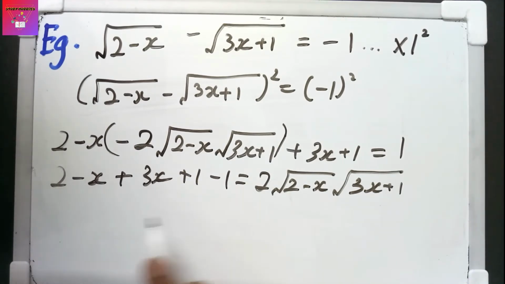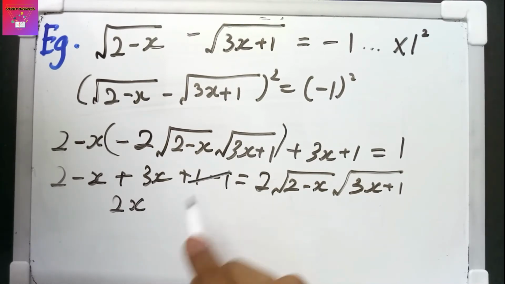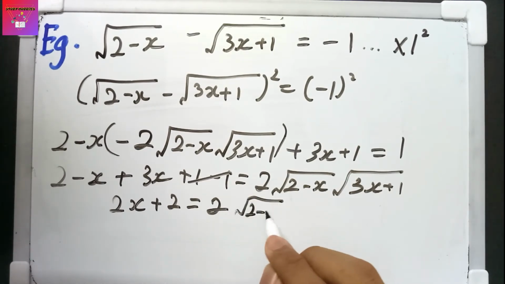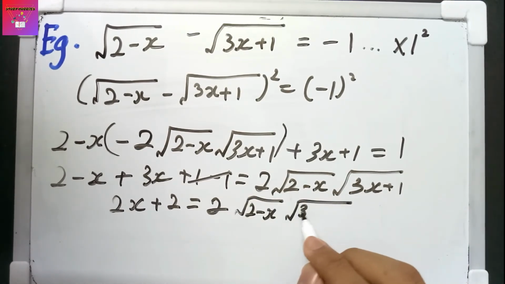Okay, so let's solve this part. 3x minus x is going to produce 2x, 1 minus 1 is 0, so 2x plus 2 equals to 2 surd 2 minus x surd 3x plus 1.